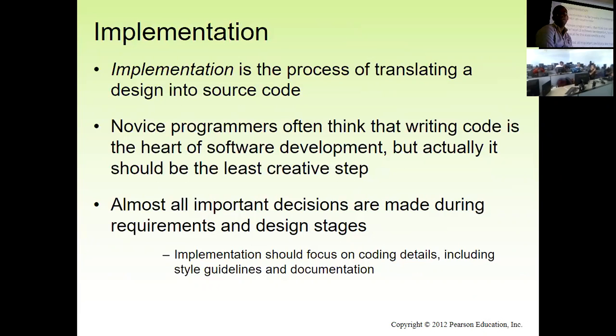So, as the note said here, almost all important decisions are made during the requirements and the design phases. And so implementation just does what is to be done as specified in the requirements and design. And so what implementation focuses on is really how to code, the coding details, and your style and your documentation, right?